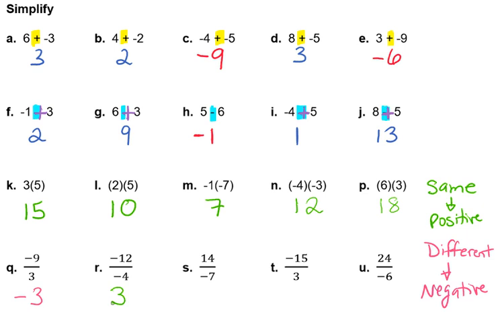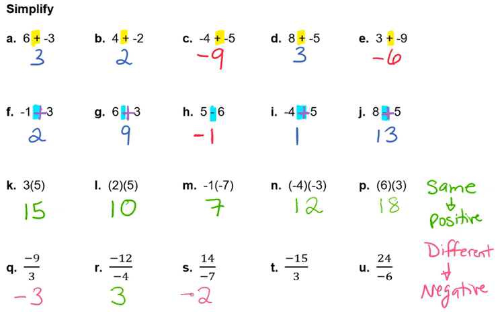For our next example, we have 14 divided by negative 7. Here, our symbols are different, so our answer will be negative. And 14 divided by 7 is 2, so we'll have a negative 2. For our next example, we have negative 15 divided by 3. And our symbols are different, so our answer is going to be negative.